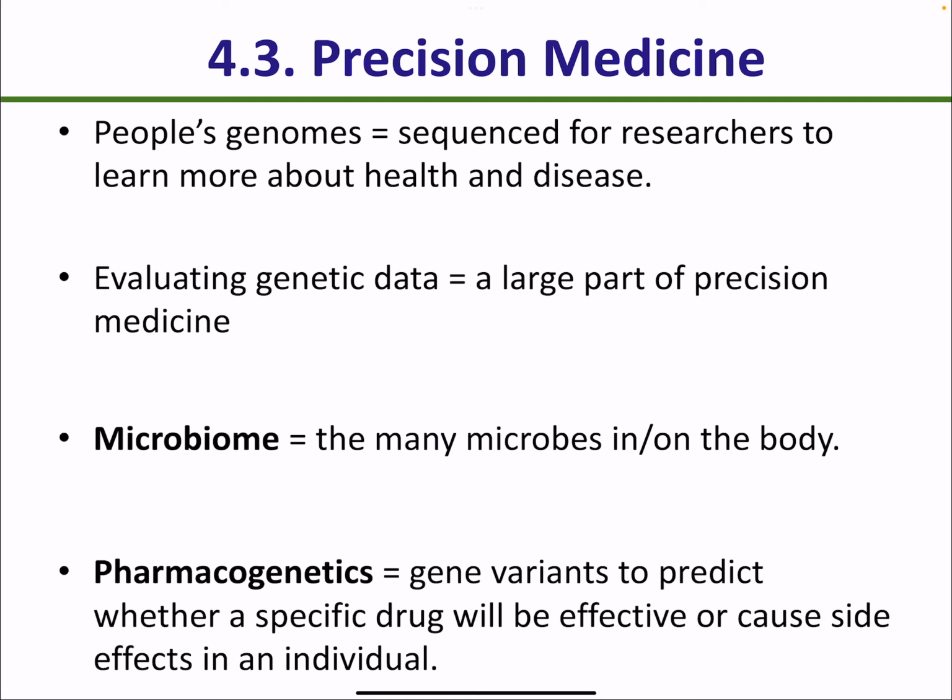And this is what we call pharmacogenetics, right? Pharmacogenetics tells us that some drugs can be more effective in some individuals, while the same drug is less effective in other individuals just because of the difference in the genetic background between these individuals, right?